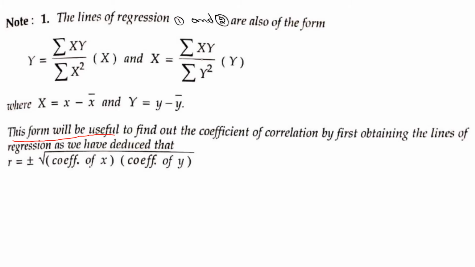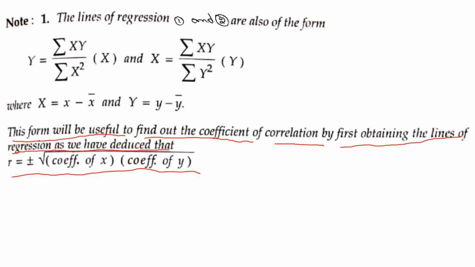This form will be useful to find the coefficient of correlation by first obtaining the lines of regression, as we have deduced that r is equal to this.